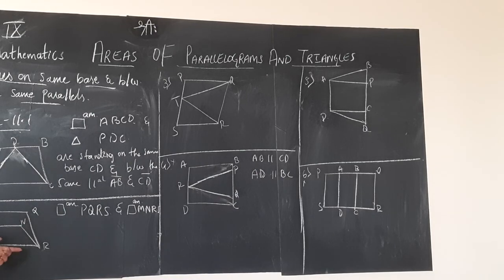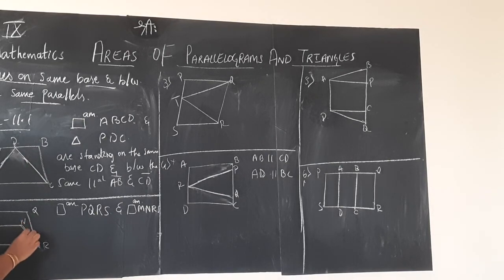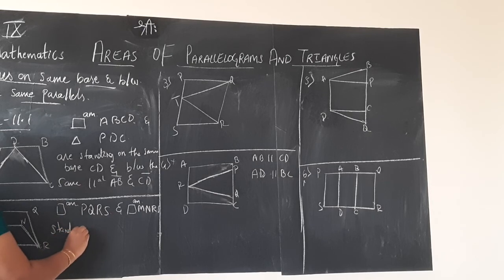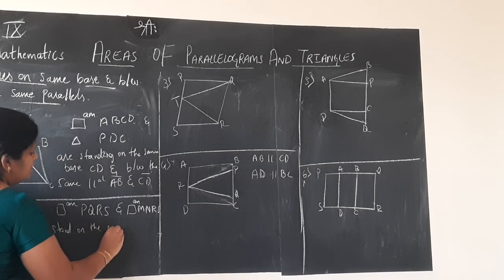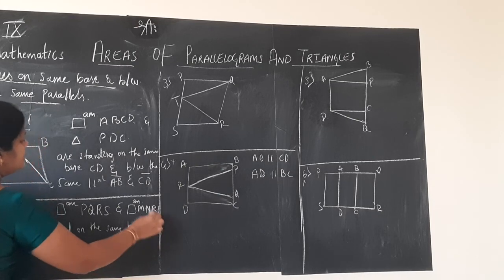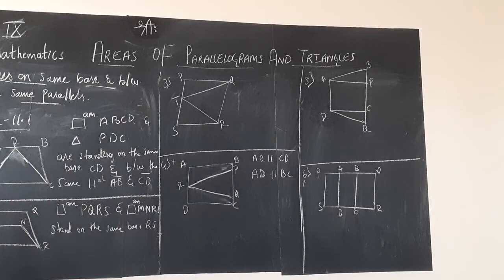Both the parallelograms have the same base, isn't it? They are standing on the same base. Both are touching the end vertex points R and S. So parallelogram PQRS and parallelogram MNRS stand on the same base RS. Next question is, are they lying between the same parallels?